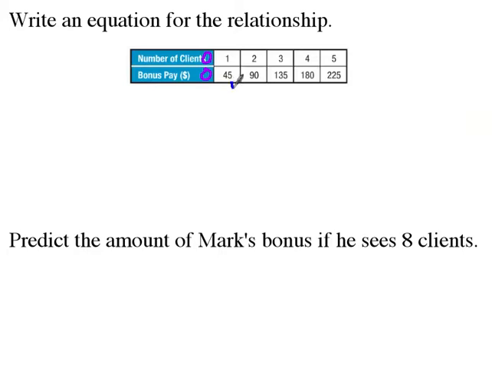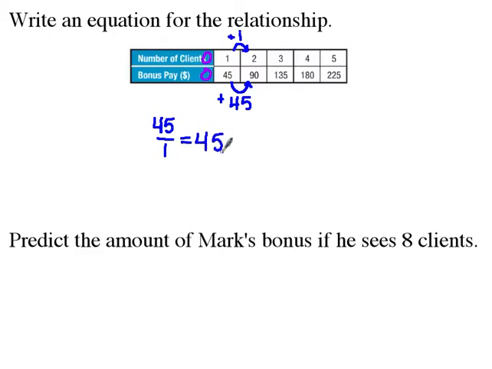Remember how we do that? I figure out the change in y. What's the change in y going to be? 45, right? And that's a positive 45. What's the change in x going to be here? 1. So my rate of change will be 45 over 1, or just 45.